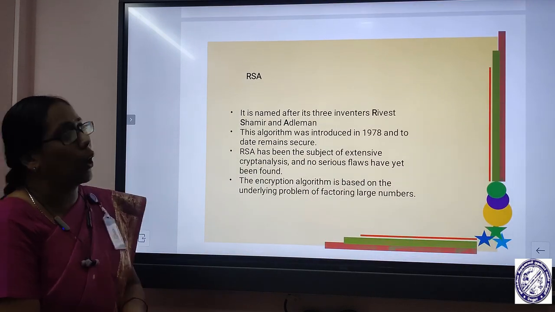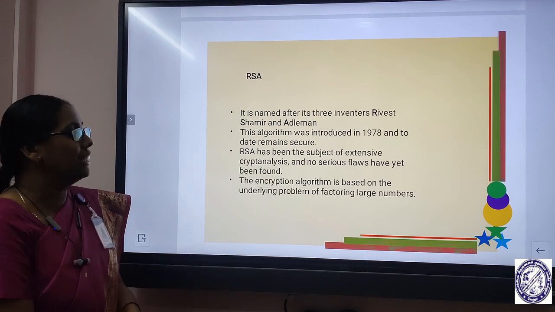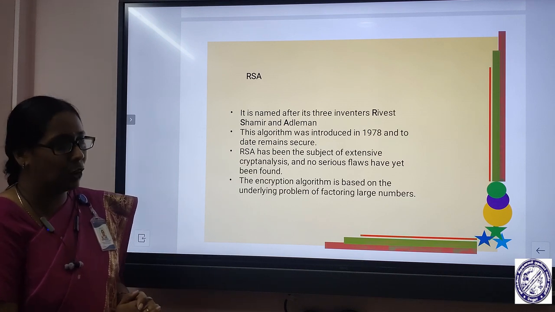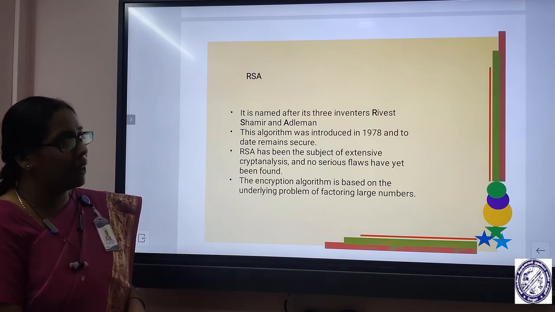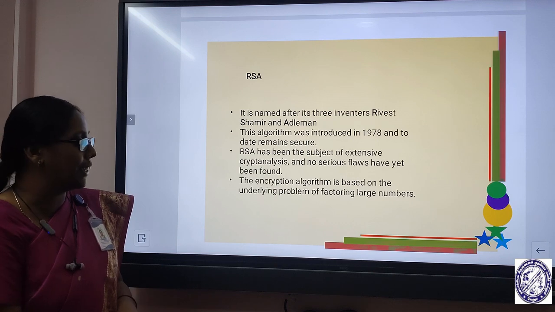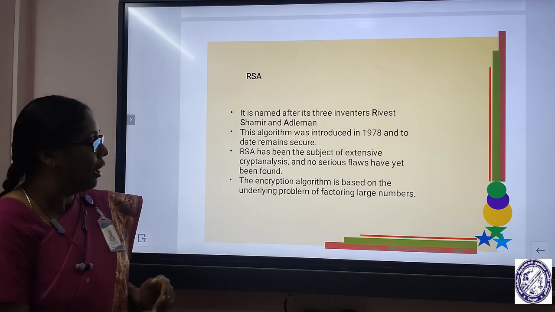Here we see the RSA algorithm. RSA is named after three scientists, I mean three inventors, who invented the RSA algorithm: Rivest, Shamir and Adleman. This algorithm was introduced in 1978 and to date remains secure.